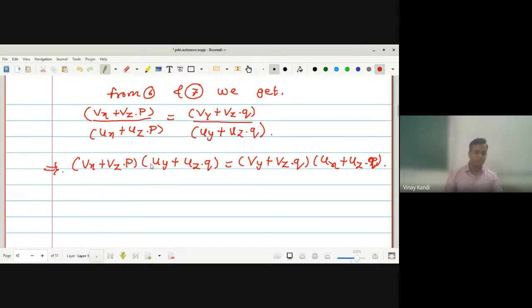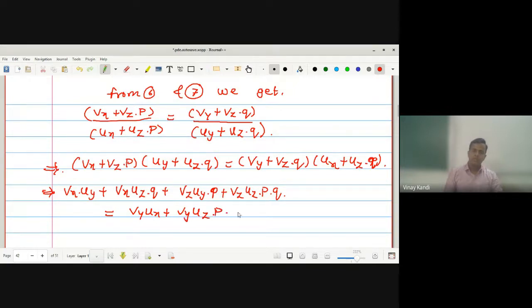Now multiply and simplify: Vx uy plus Vx uz into q plus Vz uy into p plus Vz uz into pq, which is equal to Vy ux plus Vy uz into p plus Vz ux into q plus Vz uz into pq. Any doubt up to here?